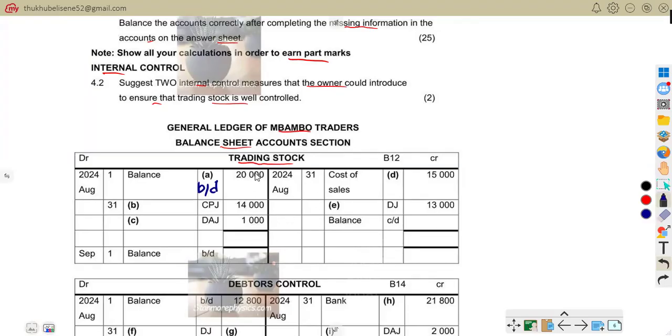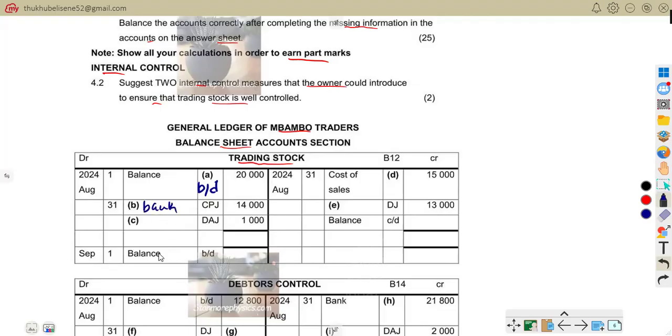So also we have the missing now on the 31st, on B. So what are we to write on B? As you can see, this is a cash payment journal of 14,000. Cash payment journal, creditors journal, purchases on credit. So now we are to write the bank.